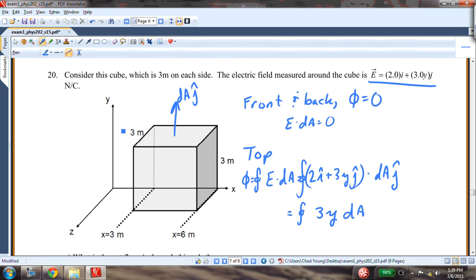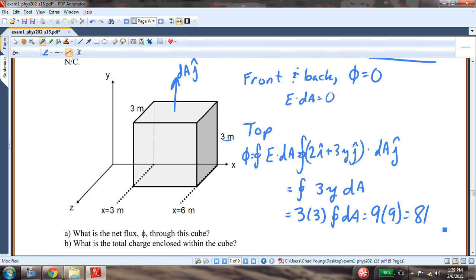At the top, y is equal to 3 because this is a 3 by 3 by 3 cube. So I have 3 times the integral of dA, which is 9. The integral of dA is just the area, so this is 9 times 9, which is 81. My flux is 81 newton meters squared per coulomb.